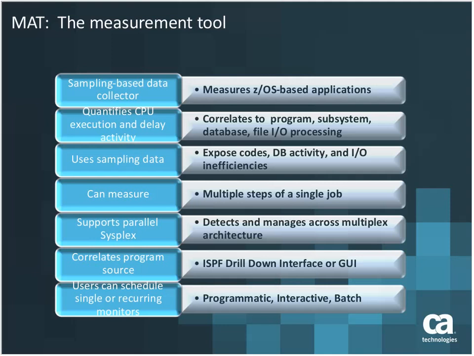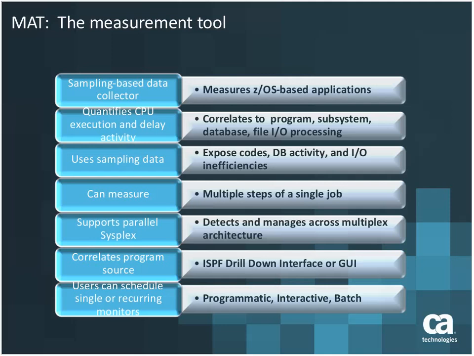So again, some of the things you can look at and highlight. Obviously, all z/OS-based applications can be measured, and we can correlate all the activity of a subsystem or a database or file I/O to your application. We can expose code problems or database activity issues, I/O inefficiencies. We allow you to measure multiple steps of a single job.